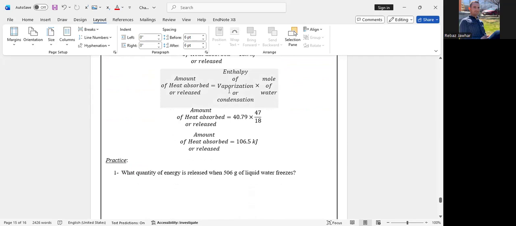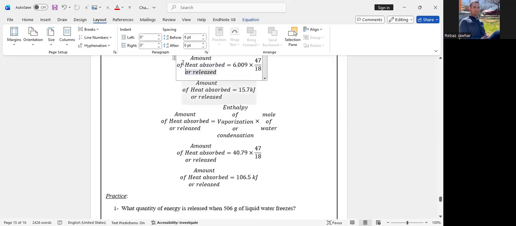Why do we use this one? Because the question says that this amount of liquid water boils, times the moles of water. Again, the amount of heat absorbed or released is the question, equal to the constant value of the enthalpy of vaporization or condensation, which is 40.79.